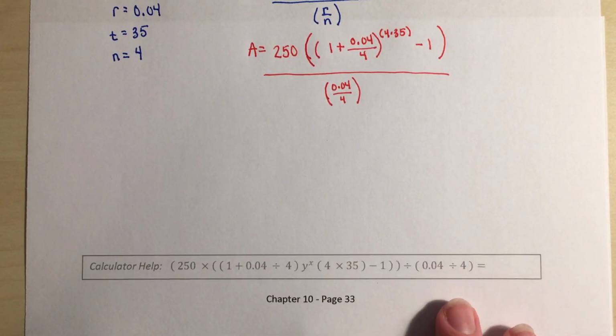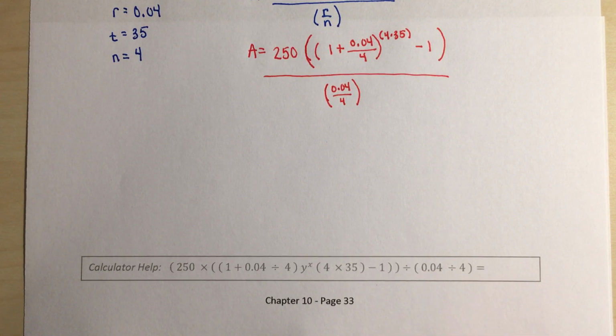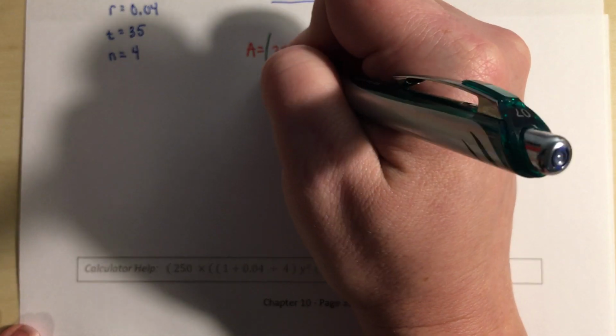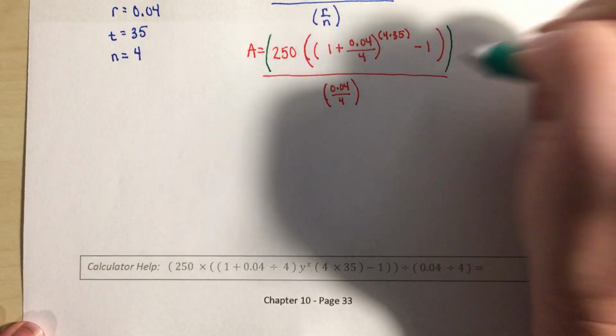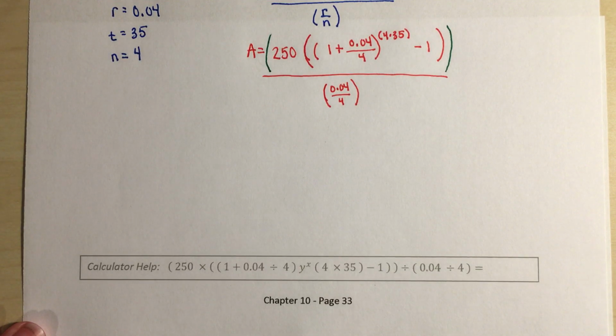Down at the bottom are some hints for calculator help. Again, as we did in previous examples, we almost want to think about our entire numerator in parentheses. So we're going to add an extra set of parentheses around that. So we start with our parentheses, 250. You can put the times sign in there, you can leave it out. 1 plus 0.04 divided by 4.